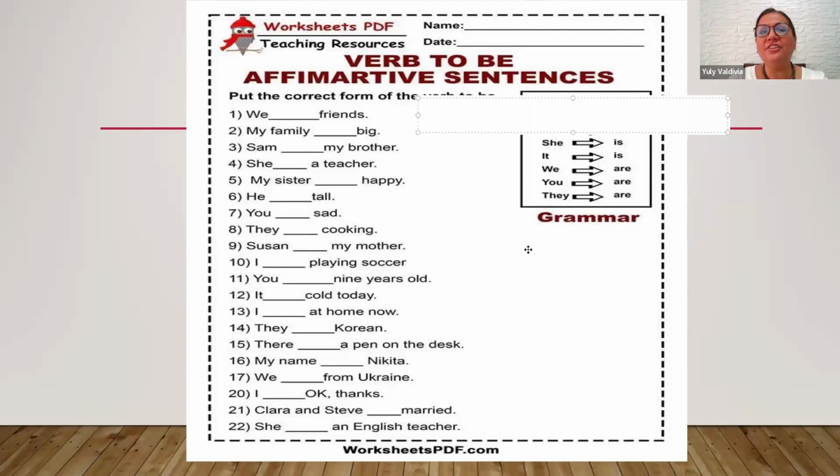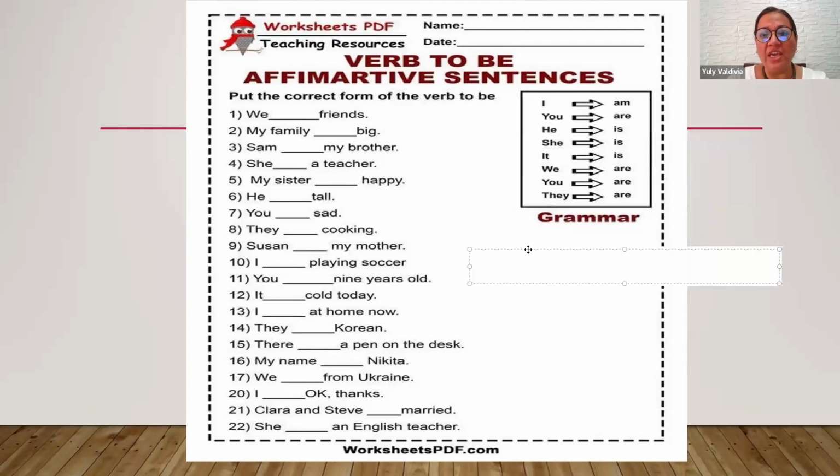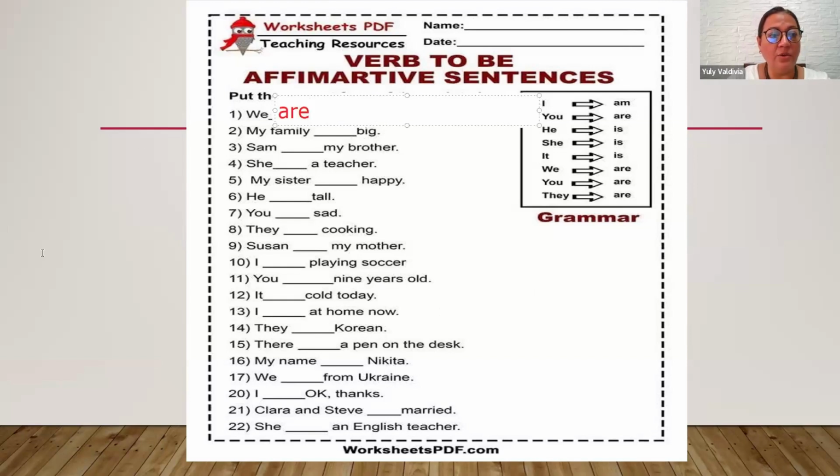What is the correct alternative? We am friends, we is friends, or we are friends? What do you think, guys? Fantastic answer. So the correct alternative will be we are friends.